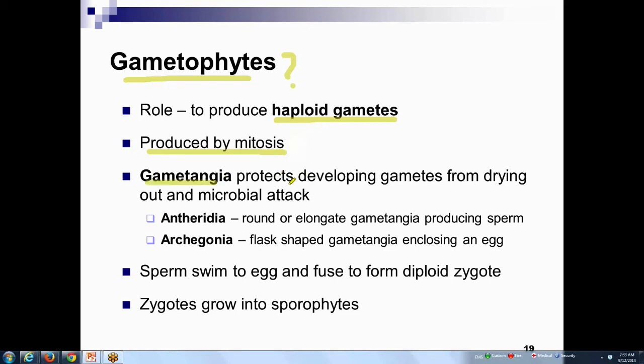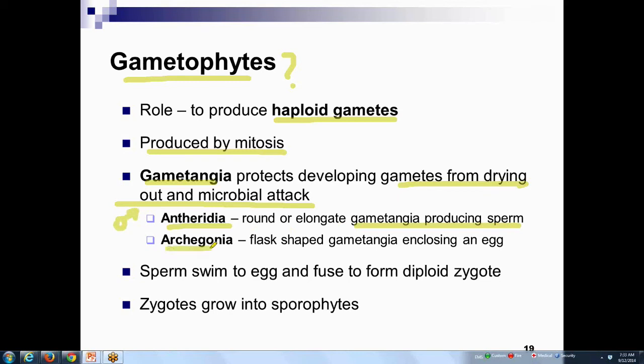Again, the gametangia protect the developing gametes from drying out and microbial attack, and the gametangia provide the developing embryo with nutrition. Antheridia always refers to the gametangia producing sperm. And guys, in that name, anther always refers to male. So every time you see anther, think of male.